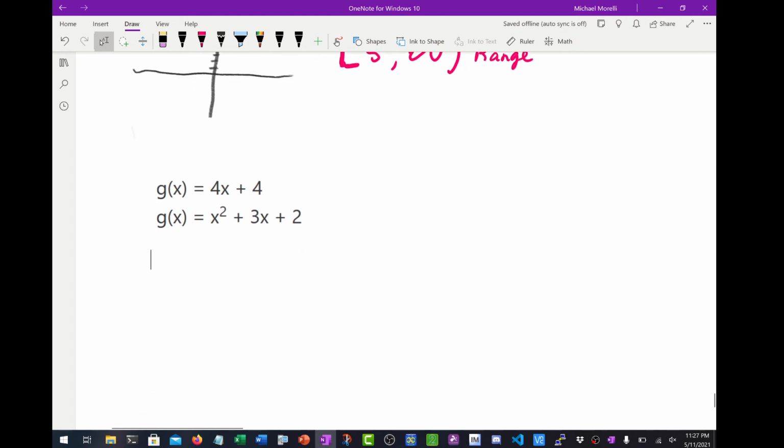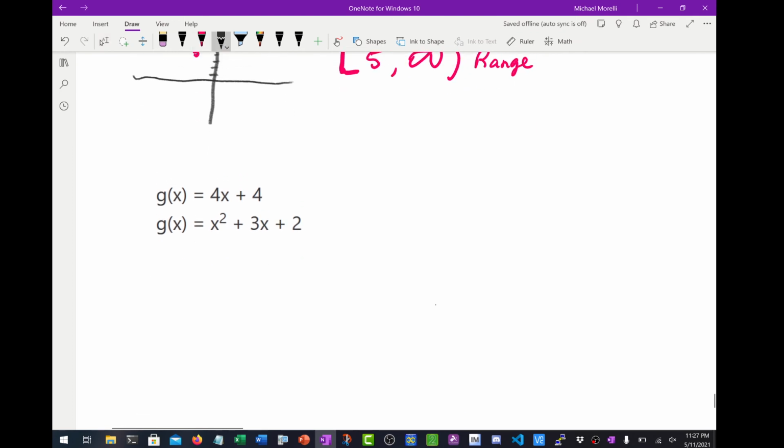Okay, so we're going to write this like this. 4x plus 4 equals x squared plus 3x plus 2.